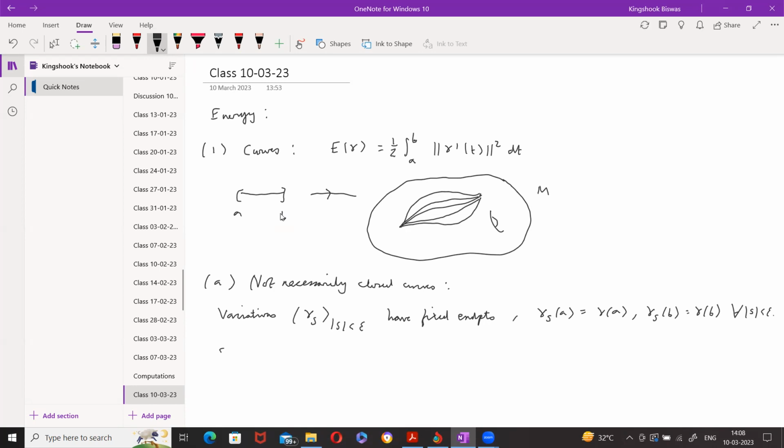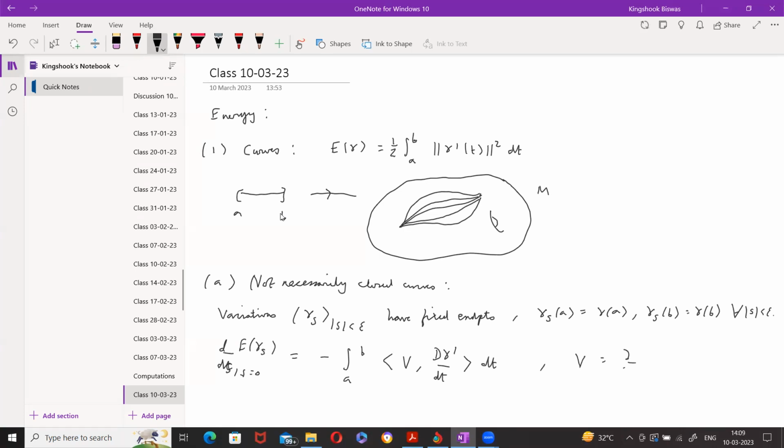Then we have the formula for the first variation of energy. d/ds at s equal to 0 of the energy of gamma s is minus the integral a to b of the variational vector field V inner product with D gamma prime dt, where V is the variational vector field.